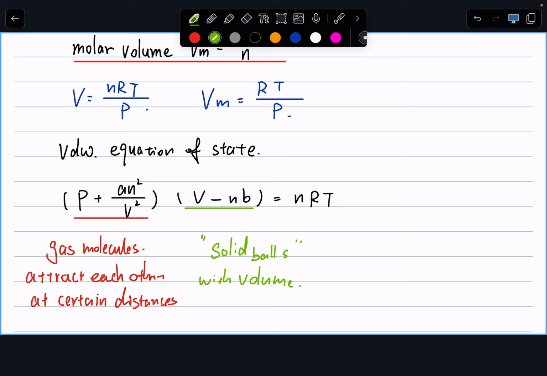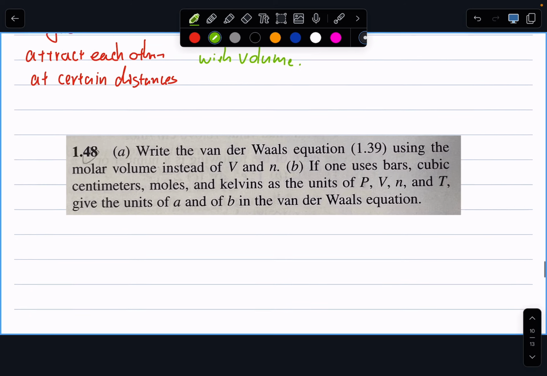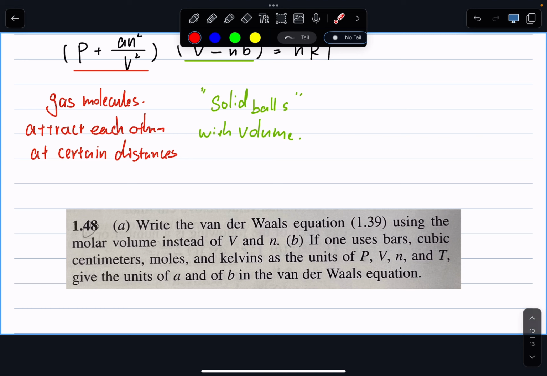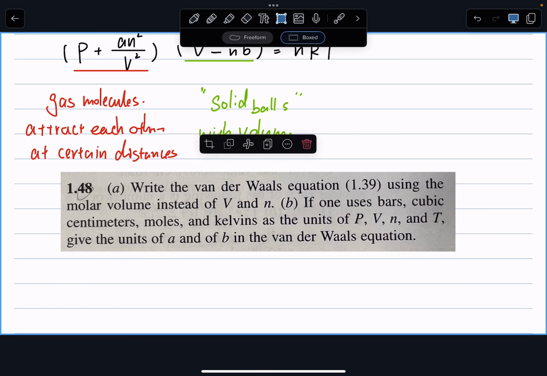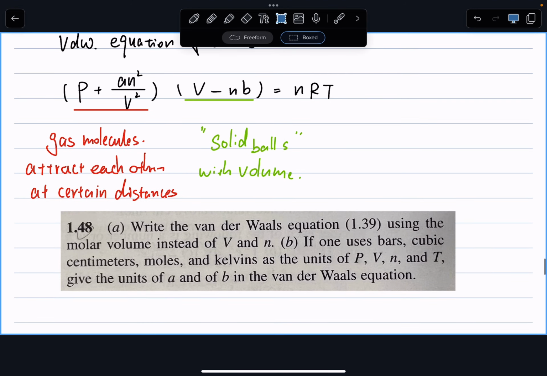All right, so following up on our van der Waals gas, they're just different kinds of equation of state. Let's see one of the example questions. Using our van der Waals equation, can you replace the volume and number of moles with our molar volume?